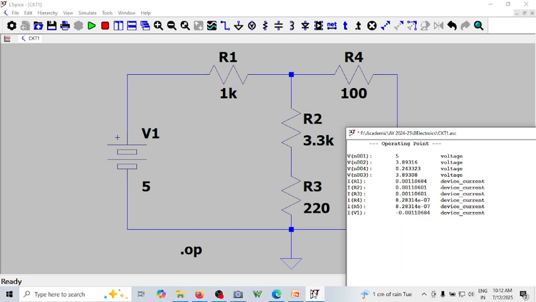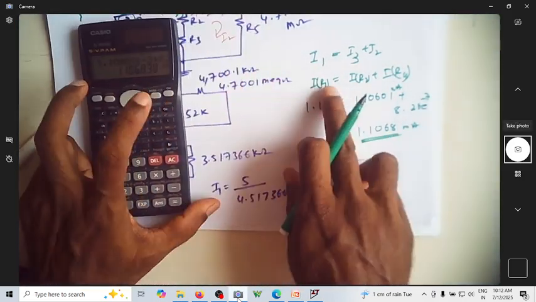So you have 1.10601 exponential minus 3 plus 8.28 exponential of minus 7. That comes out to be this. So this is these many milliamperes. See here, this is IR1.